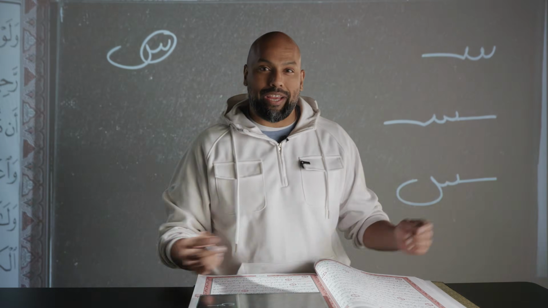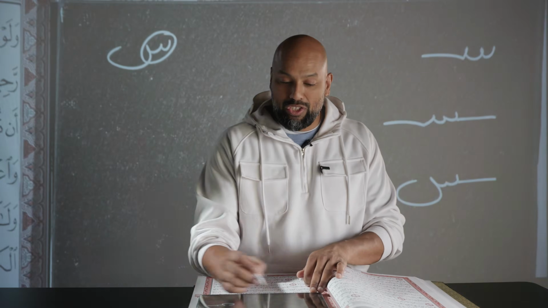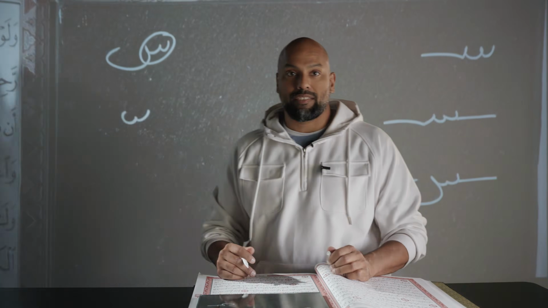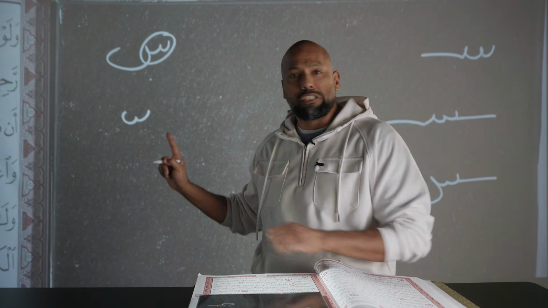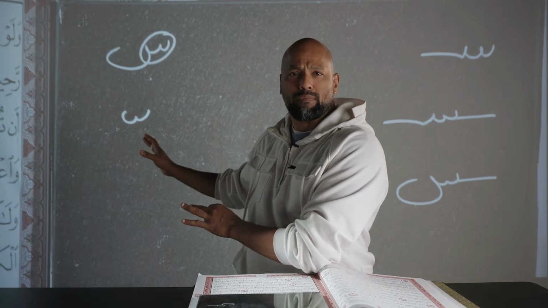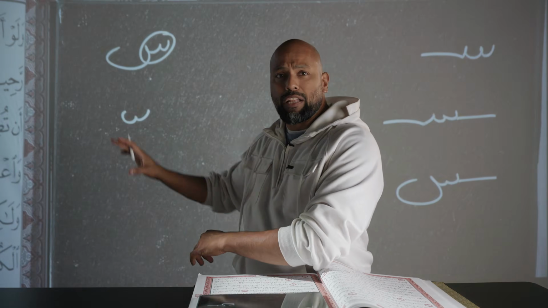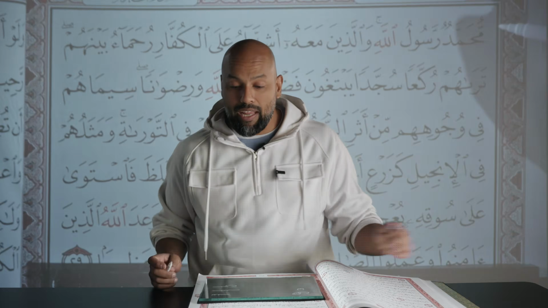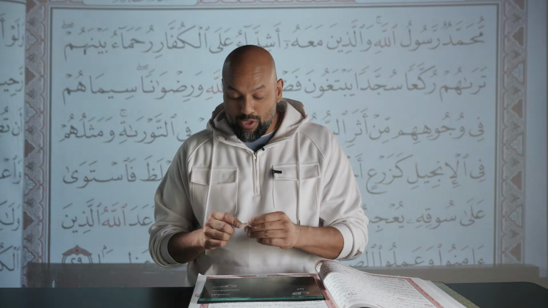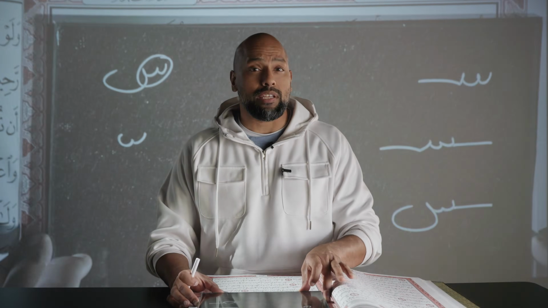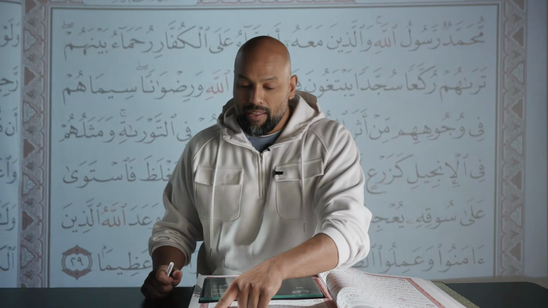There's no situation where the letter Seen is just going to look like this. That's a totally different thing. It's not even a letter. So if you see something that looks like that, you'll understand that it is not the letter Seen. So I'm going to ask you again, have you seen the letter Seen? Let's keep going.